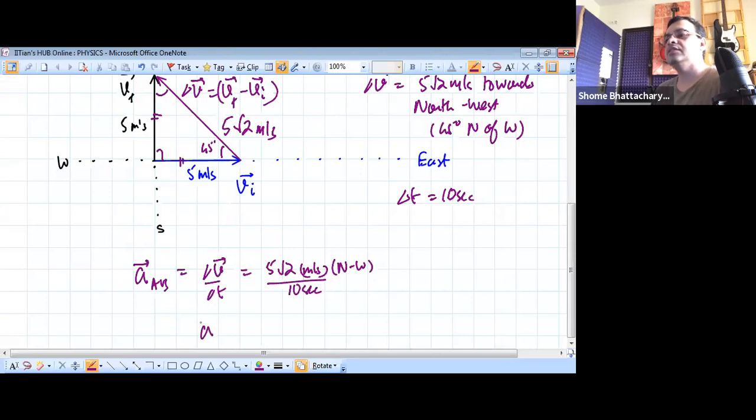So the average acceleration has a magnitude of 1 by root 2 meters per second square, and it's towards northwest.